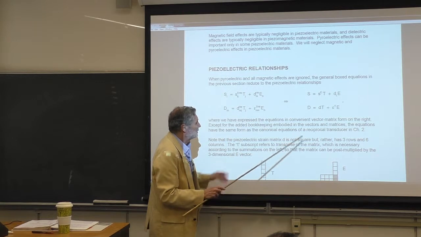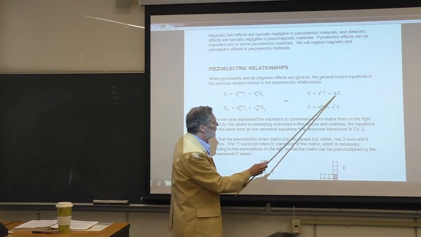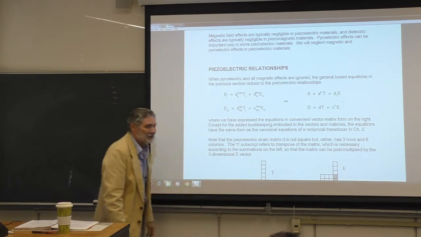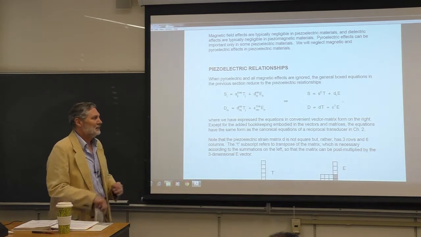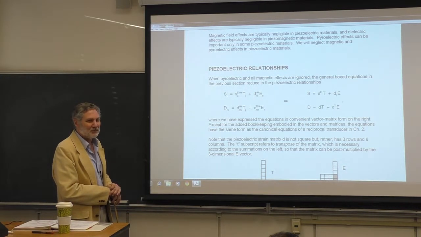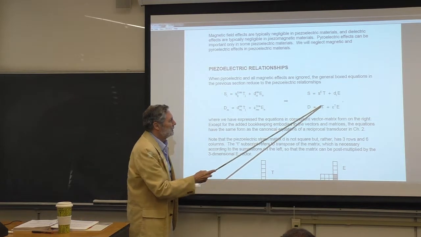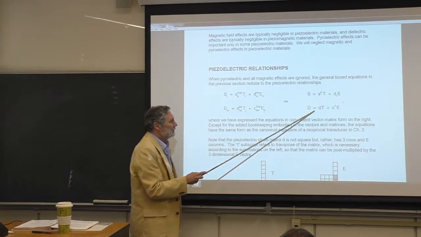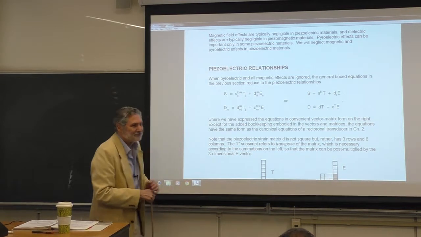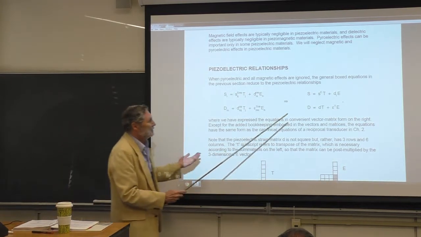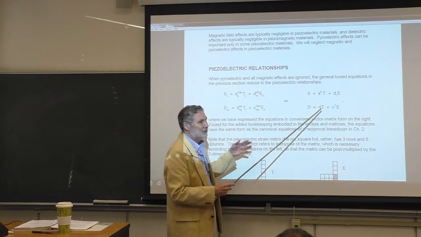It's a matrix too. I'm going to talk more about that in a minute, and I'll talk about why that T is there. But I want you to look at those equations. You've essentially seen this before, actually many times. And the key is to look at these two terms right here, and don't worry about the T right there. We've got transduction here between elasticity and electricity.